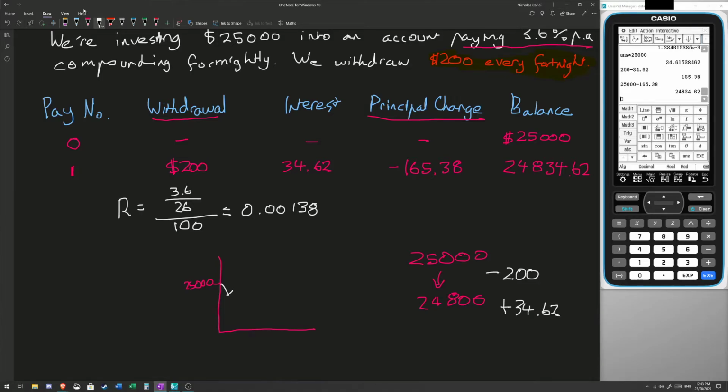And that brings us back up to $24,834 and 62 cents. Exactly right. Perfect. Yep. So we have negative $200 and we plus $34.62. Exactly right.